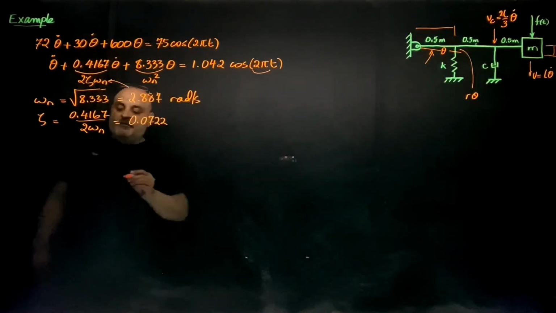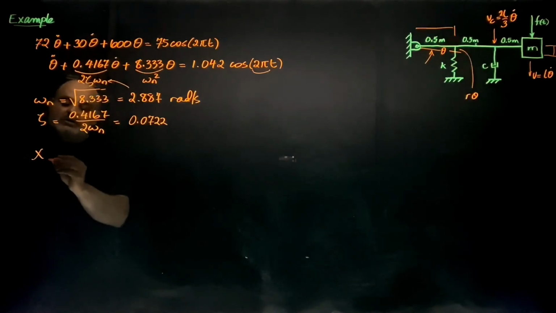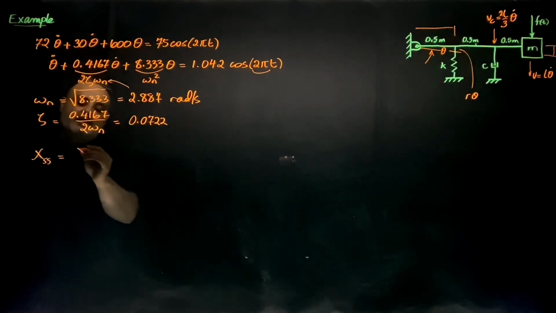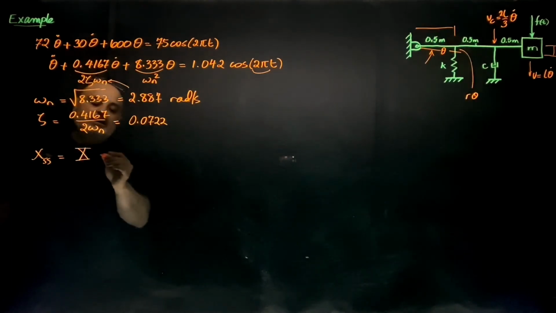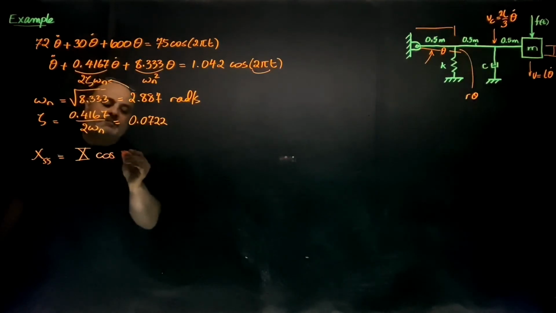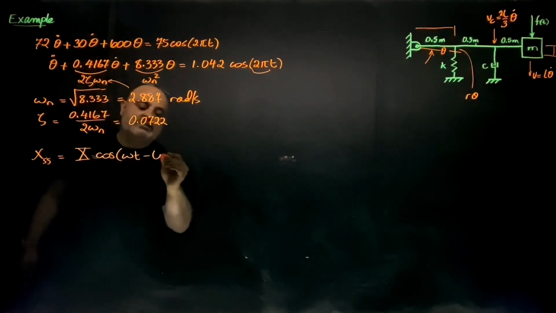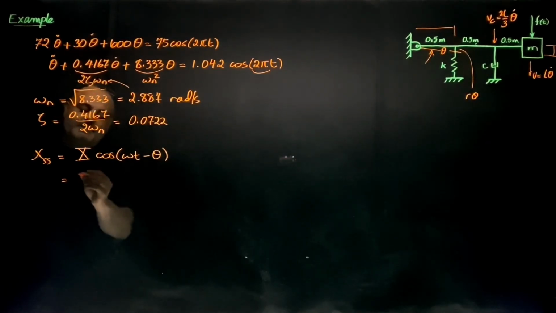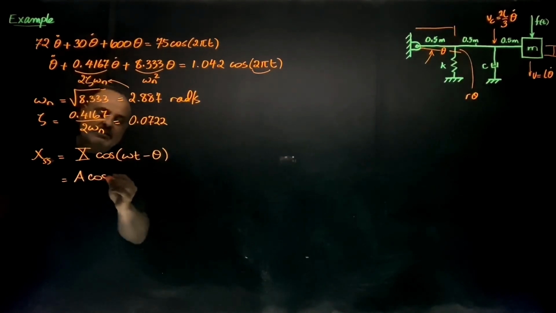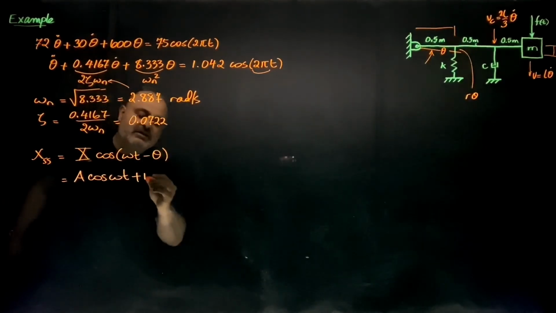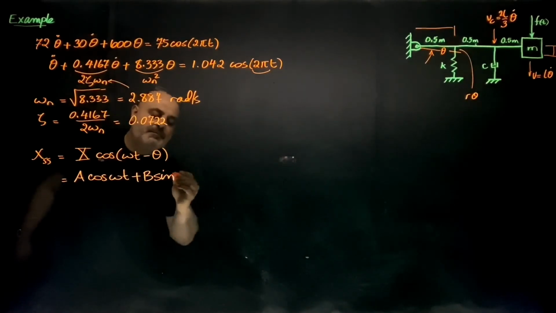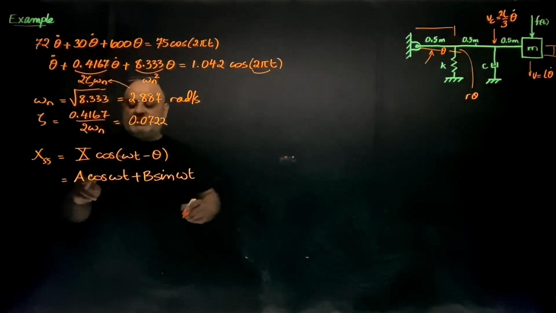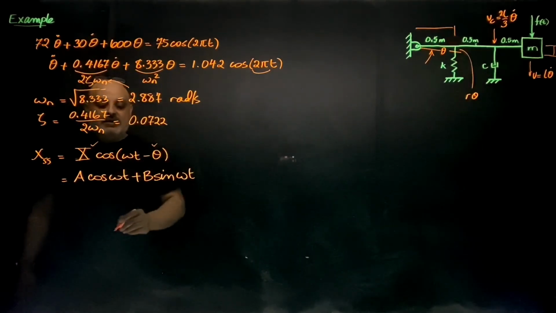So now I can find the particular solution, or the steady state response, which is x times cosine omega t minus theta, or I can find it in the other form, which is a cosine omega t plus b sine omega t. Either way, we have the expressions for x and theta, or a and b.